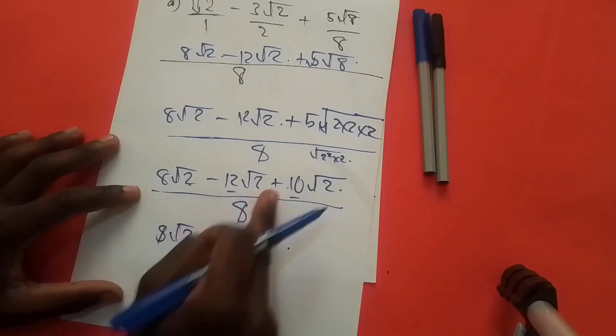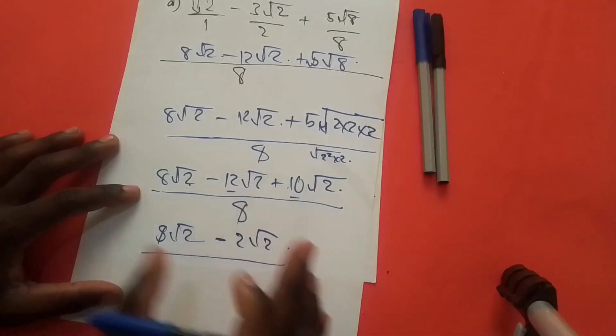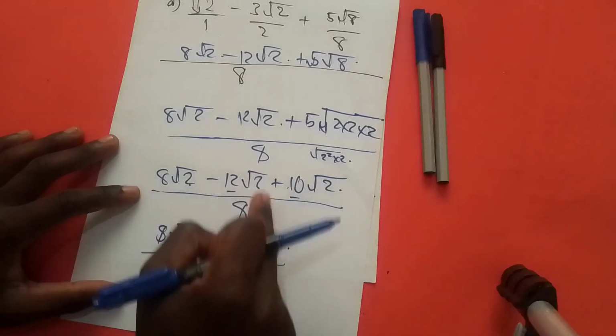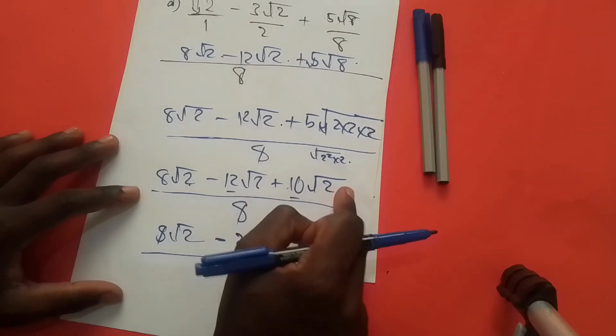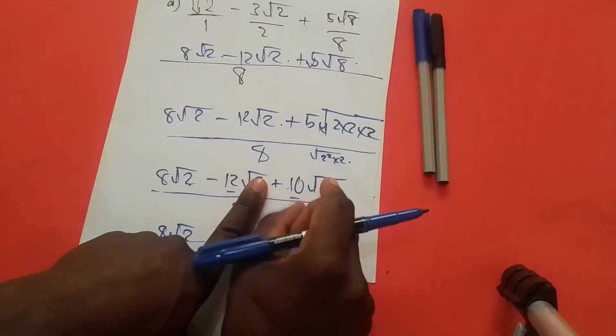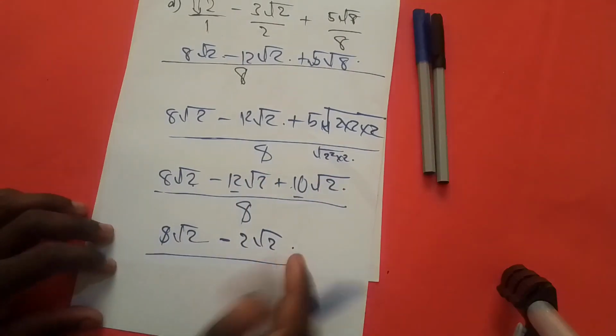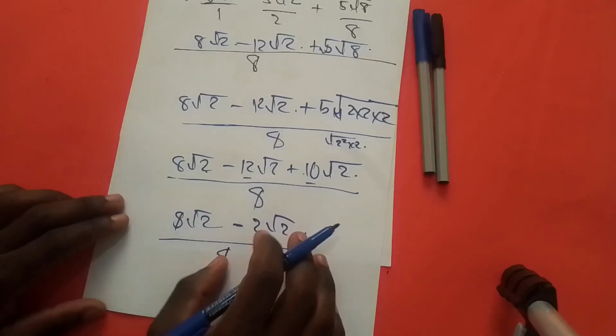I'm just saying negative 12 root 2 plus 10 root 2. So for the moment you ignore the root sign, then you just say negative 12 plus 10, which is equal to negative 2, so it will be negative 2 root 2 all over 8, right?